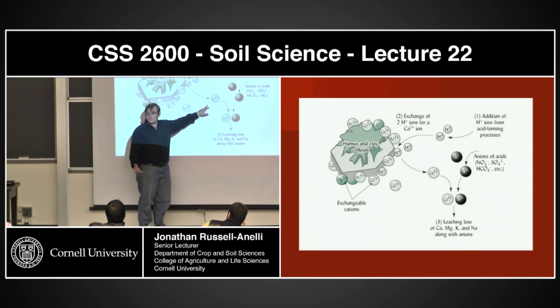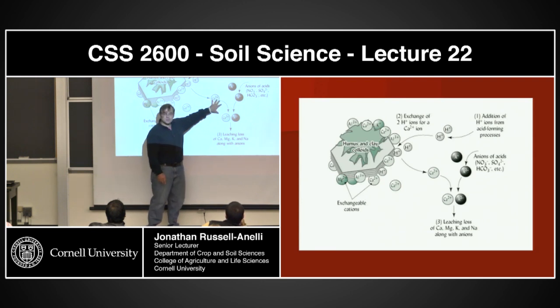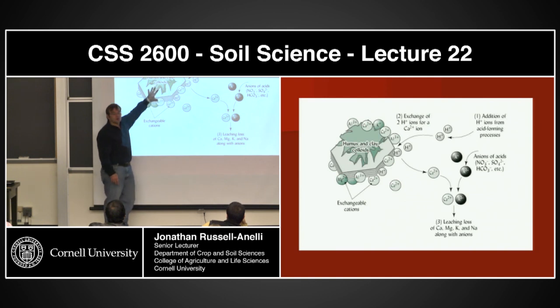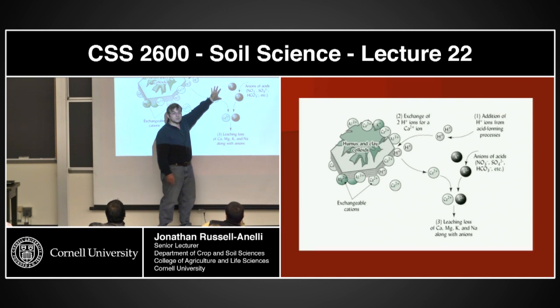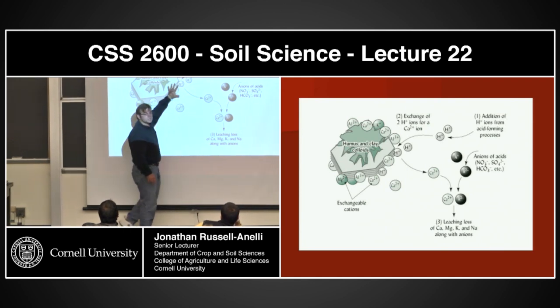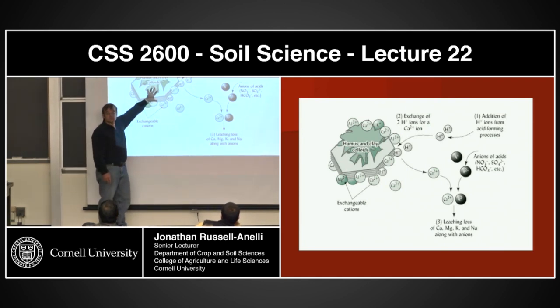What's going to happen to them? Some of them potentially will be taken up by plants, but much of them are going to be lost to the system. And what's going to happen to my reserve of bases that are on these cation exchange sites? I'm going to start losing them. So the consequence of the acidity going into this soil solution has huge implications for the nutrients of your soils. Does that make sense?